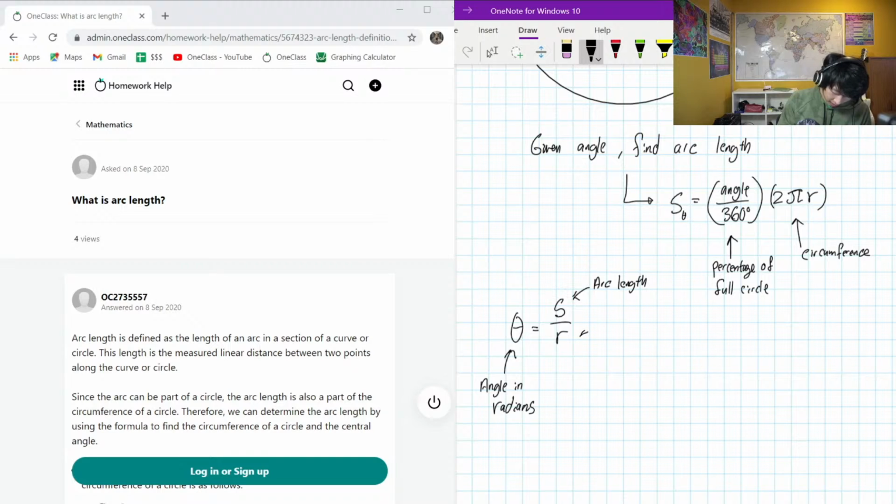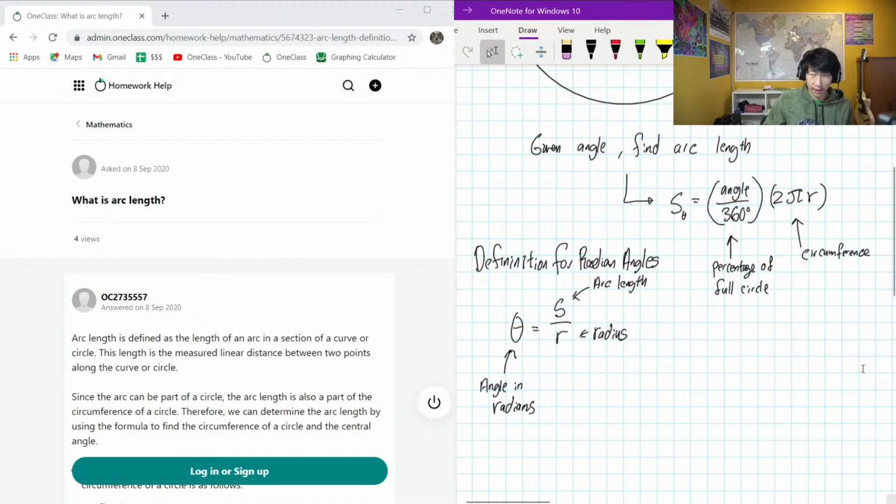Okay, so this is like the definition for radian angles. And this is extremely important. You will use it in quite a few different areas of mathematics as well as engineering and science. Radian knowledge of angles is very important.